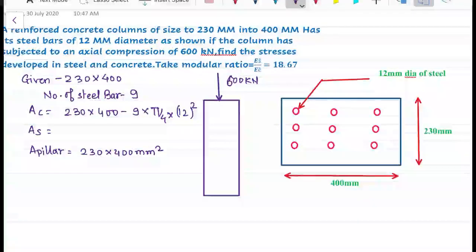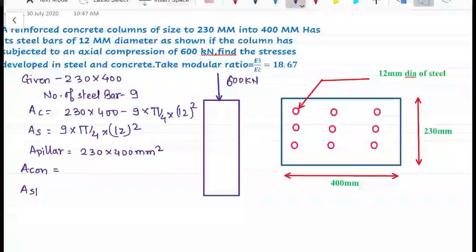What will be the area of steel then? Area of steel will be 9 into pi by 4 into 12 square.